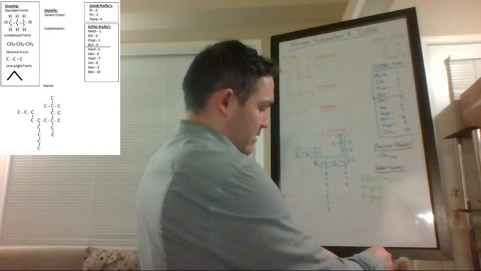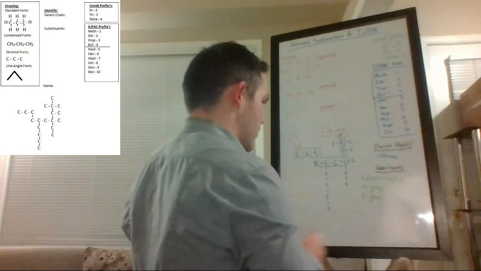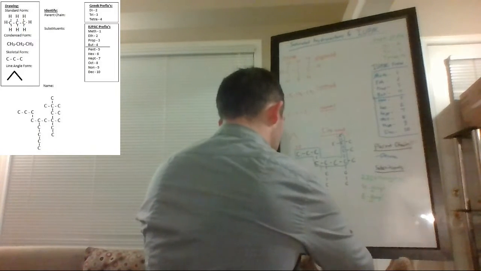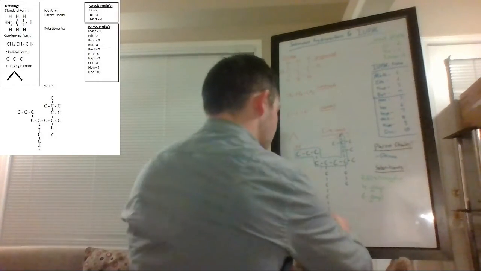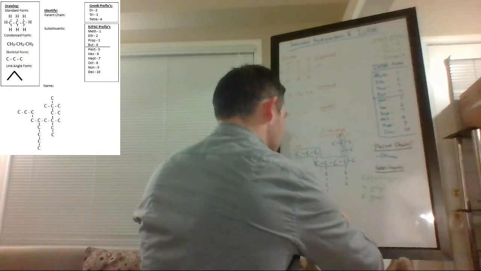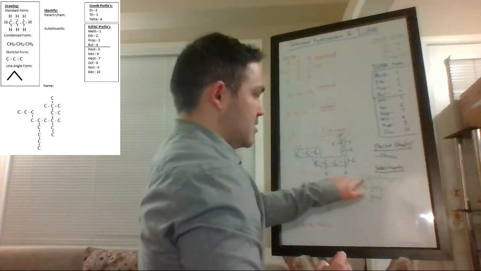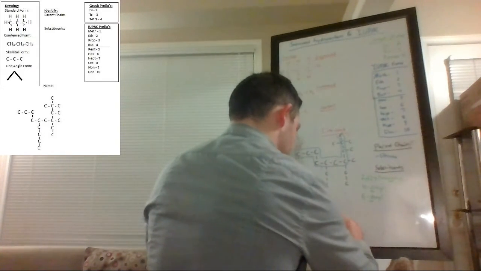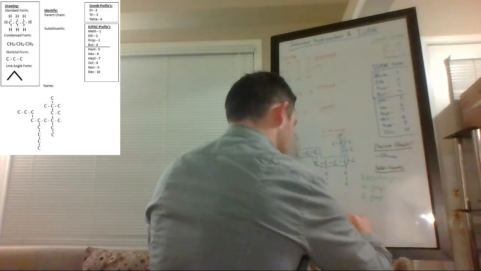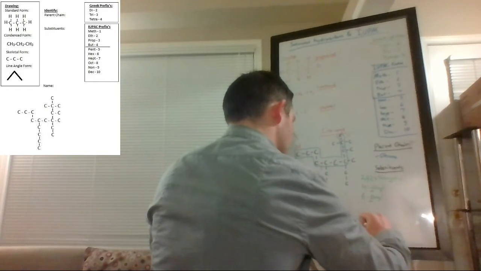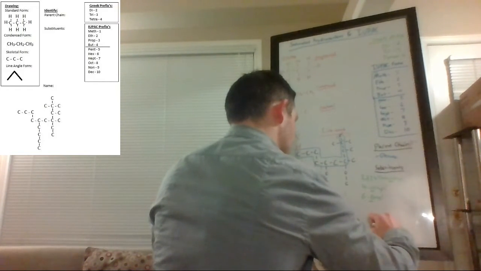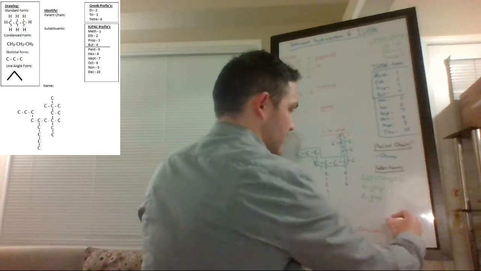So let's put those all together into a big old name for you. So we got 6 butyl, separate with dashes, 4 ethyl, 2,3,3,4 tetramethyl, and then we'll just finish it off with our decane.